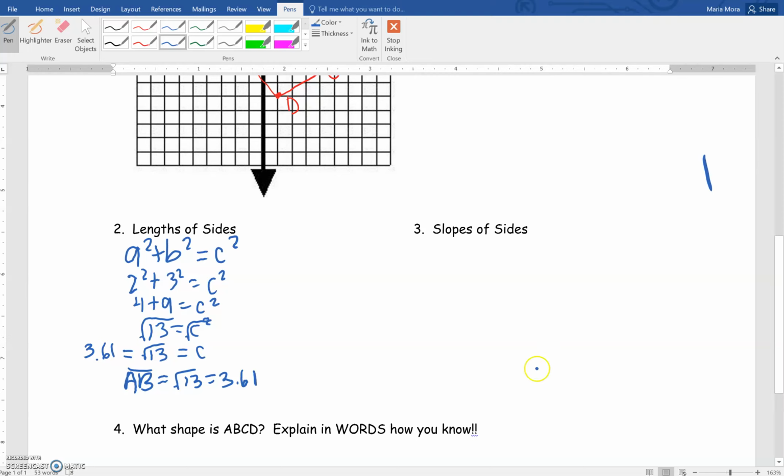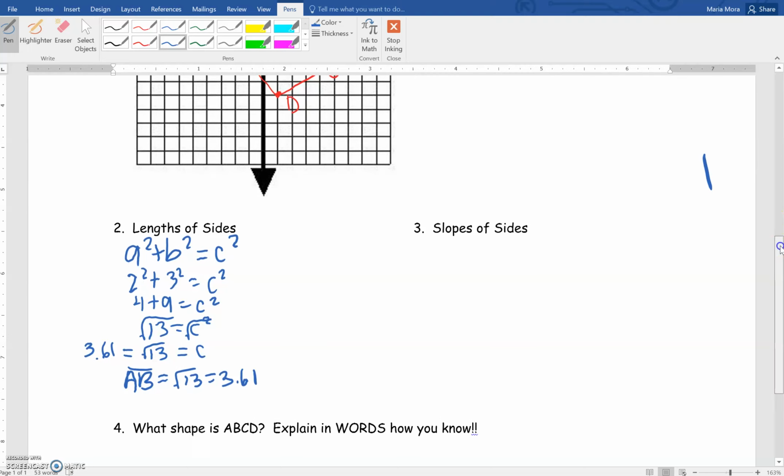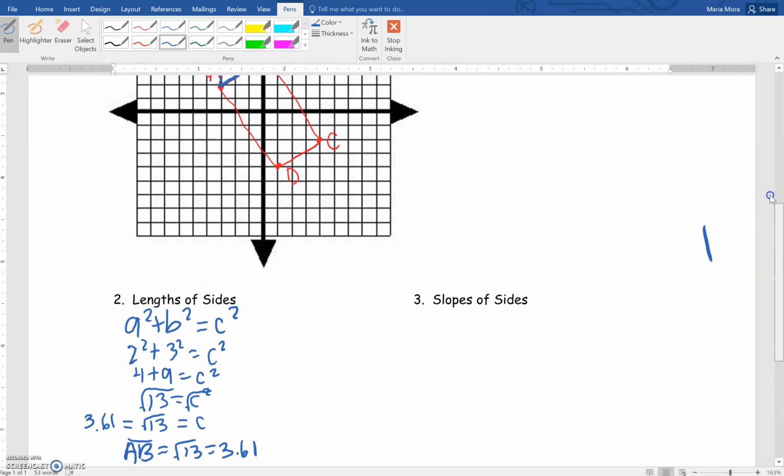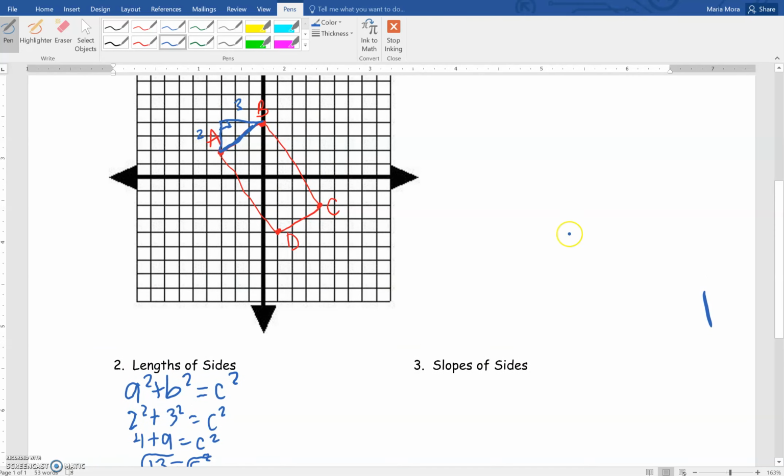So now I'm going to find the other side lengths. And I'm going to find CD just because it looks like it measures the same as AB, but I don't know that yet. So I'm going to draw another right triangle so that I can see if that's going to be the same distance.